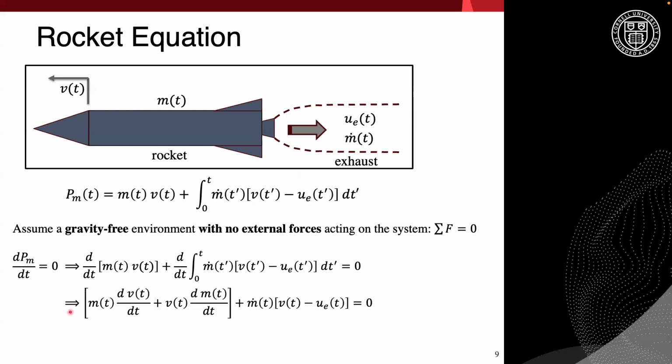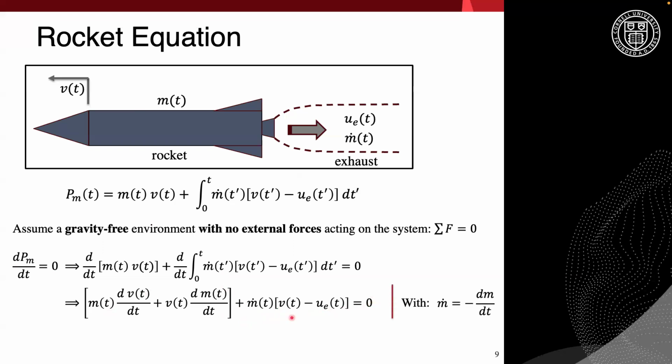And the derivative of mv is just m dv/dt plus v dm/dt. And then the derivative of the integral is the function itself, because the derivative and the integral cancel out. So we get plus m dot times (v minus ue). And we have this expression equal to 0.